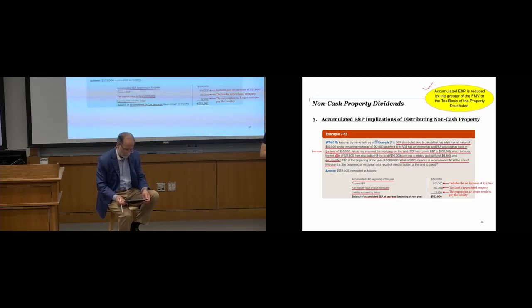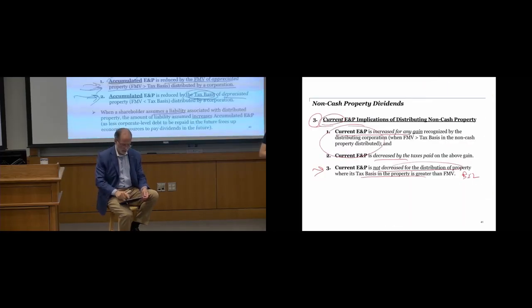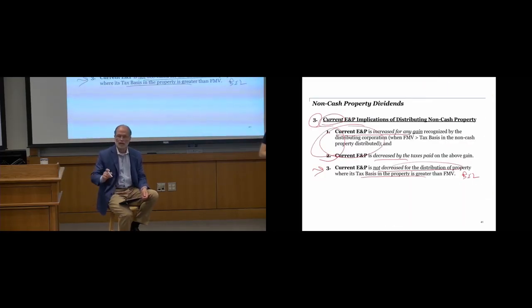SDR has current E&P of 100K, which includes the net increase of 31.6K from distribution of land, 40K gain less related tax liability. So that's just the first two parts of this. Right? It goes up by the gain, down by the incremental tax I incur on the gain.